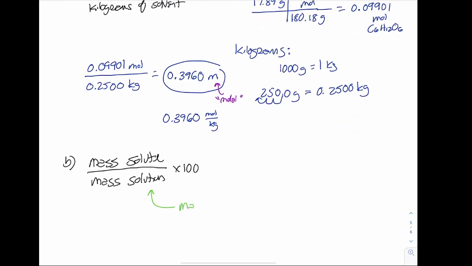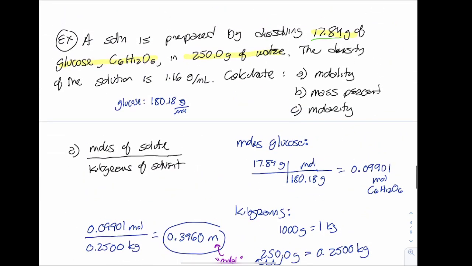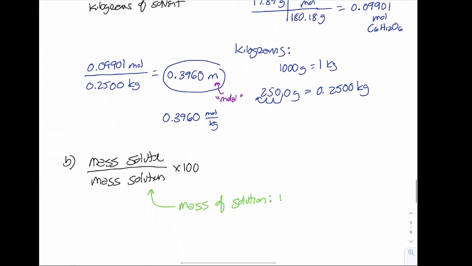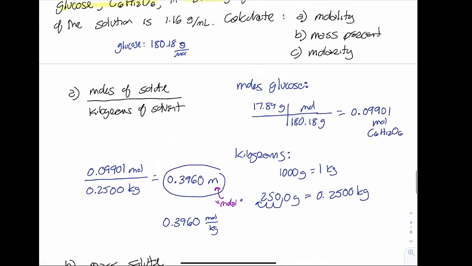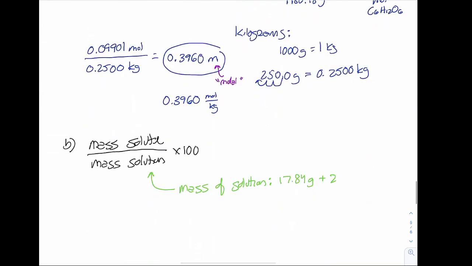So the mass of my solution is going to be the mass of my solute, which if I go back up was 17.84 grams, plus the mass of my solvent, which is 250.0 grams.